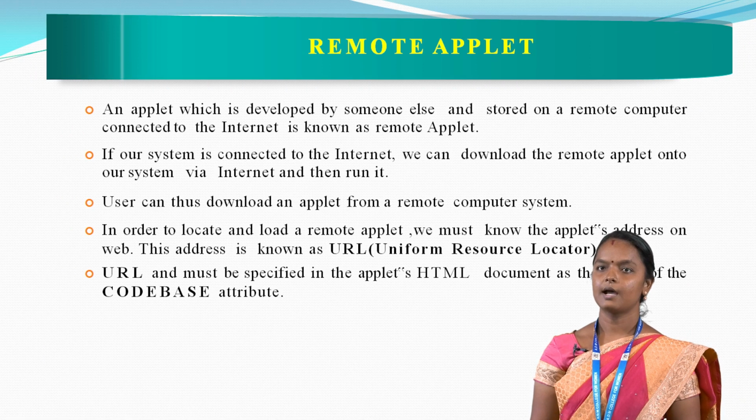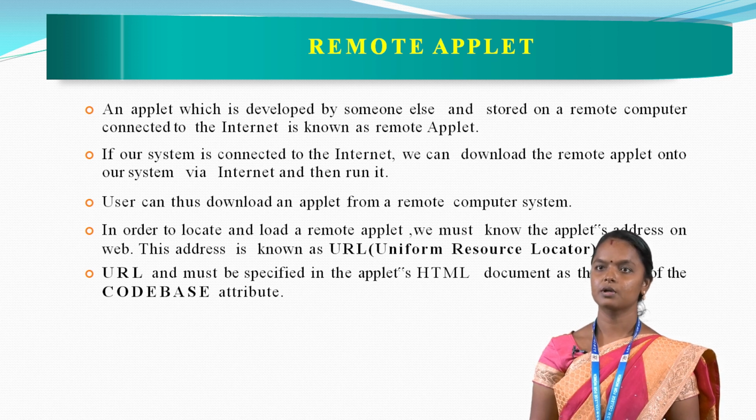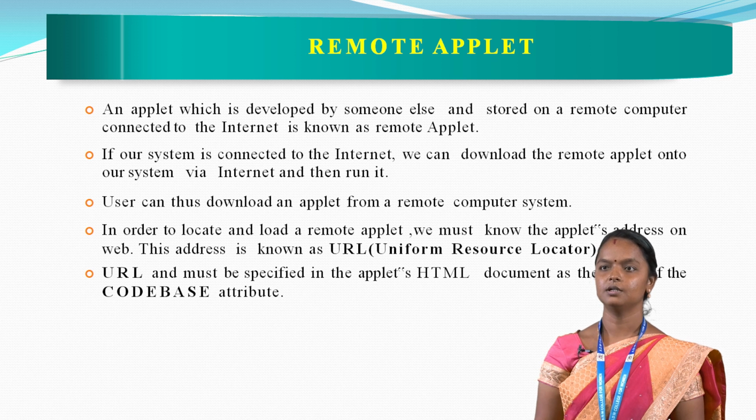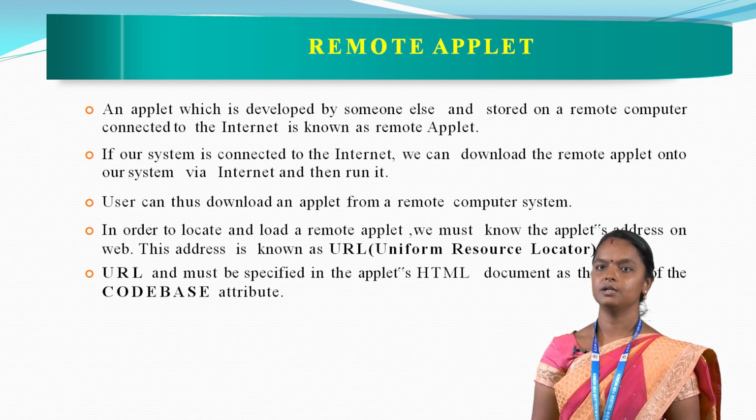Next, remote applet. An applet which is developed by someone else and stored on a remote computer connected to the internet is known as a remote applet. If our system is connected to the internet, we can download the remote applet onto our system via the internet and then run it.